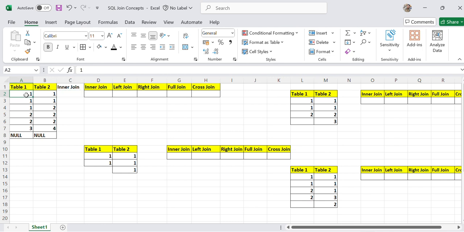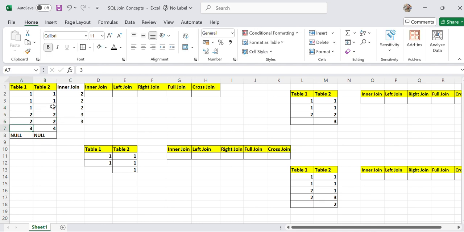So 1 from the left table is combined with the matching records of the second table, which has it two times. So 1 comes two times, this one also two times, and this one also two times. Then 2 comes three times, this 2 also comes three times, and this 2 also comes three times.